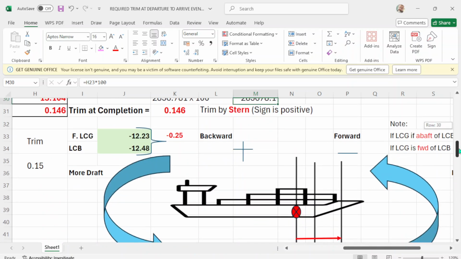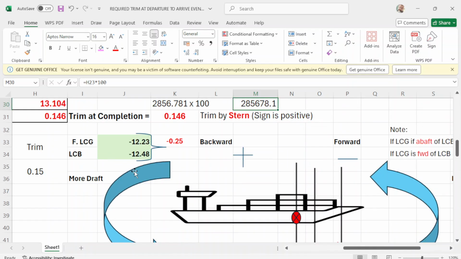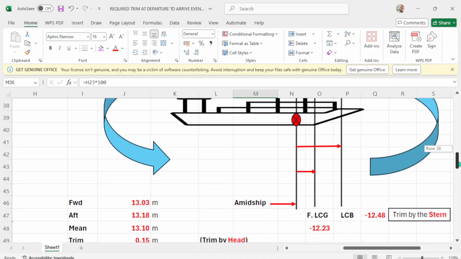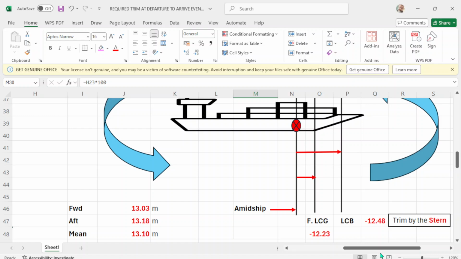Now take note, your final LCG is negative 12.23. When you say negative, you are in the forward part of your vessel.